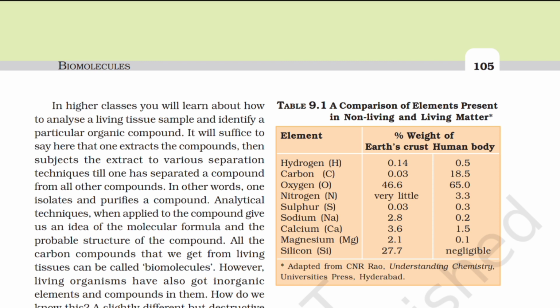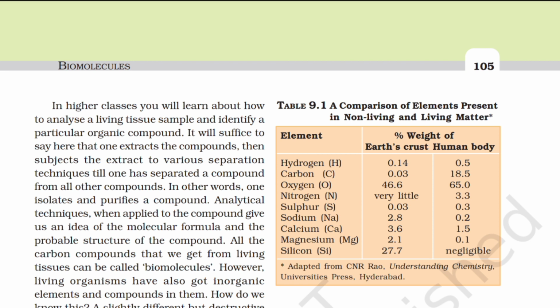Nitrogen, N: very little in Earth's crust, 3.3 in human body. Sulfur, S: 0.03 in Earth's crust, 0.3 in human body. Sodium, Na: 2.8 in Earth's crust and 0.2 in human body. Calcium, Ca: 3.6 in Earth's crust, 1.5 in human body.